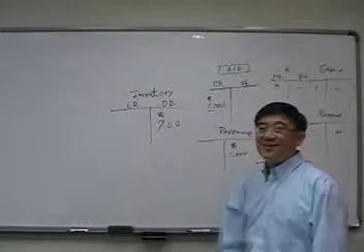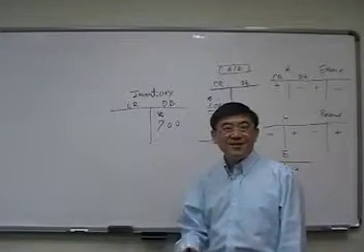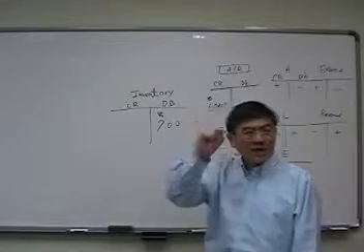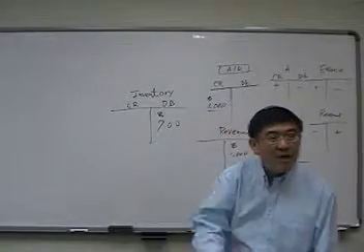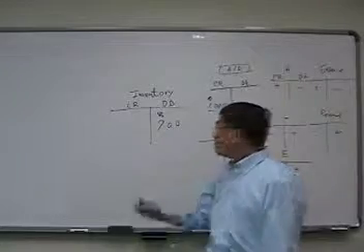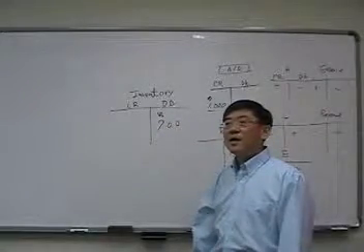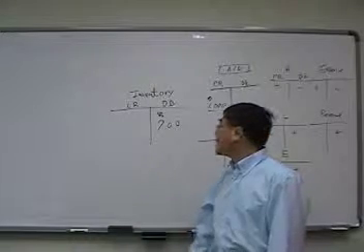Then what is the other account you want to match? You think about that. It's $700 on the left side to match this part and balance it. Which account?